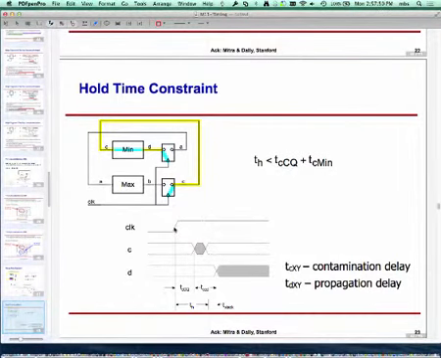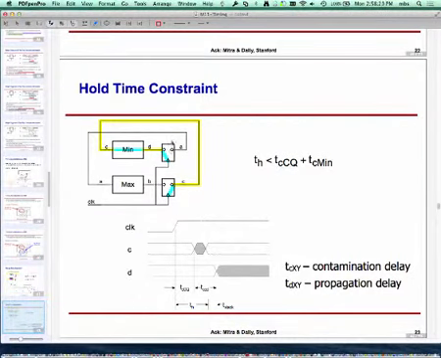When this clock edge comes, then as little as TCCQ later, the yellow wire will begin to change, and then as little as another TCCD later, D can begin to change. So the input D out here can begin to change as soon as TCCQ plus TCCD after the clock edge.